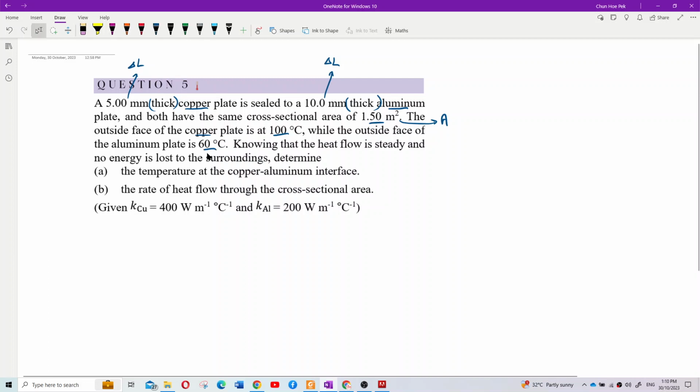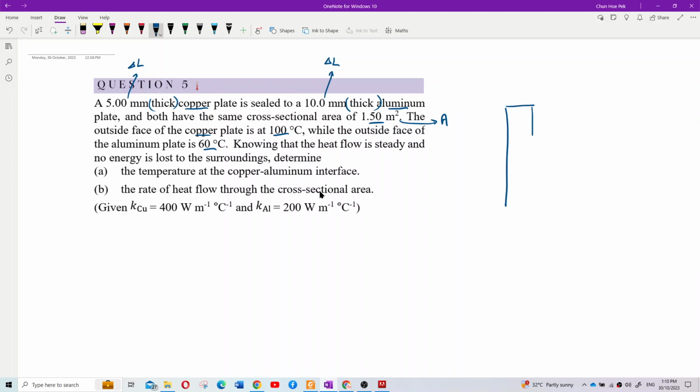Okay, so maybe you don't understand this, so let me draw it out. So here you can see this is the copper plate, and another one you have is the aluminium plate over here.